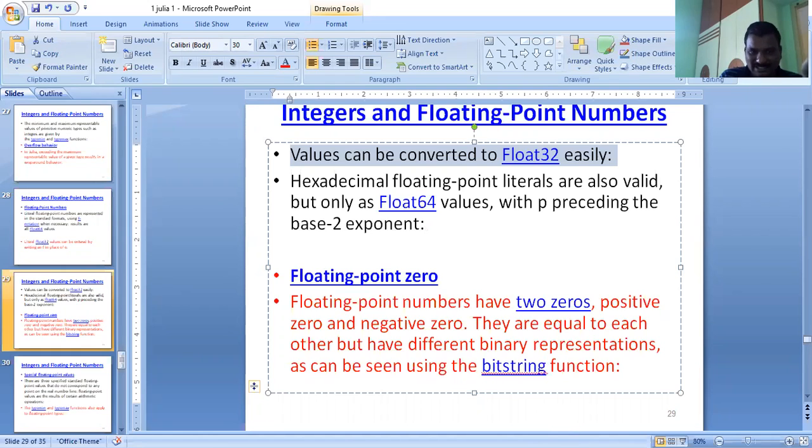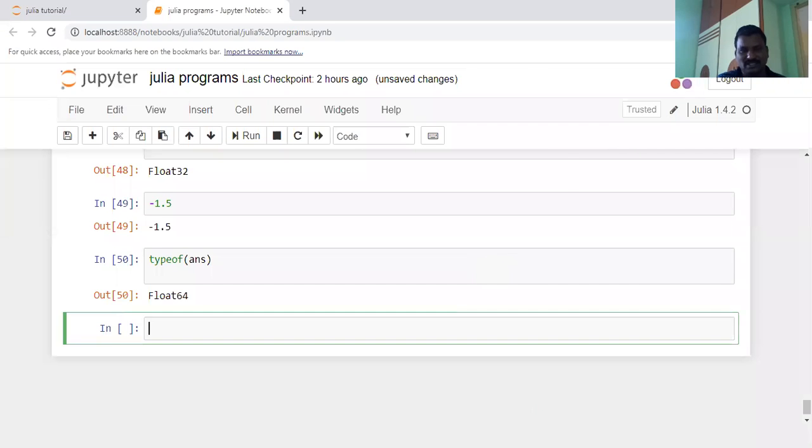That means for hexadecimal values, how can you represent them? You require a p, and then the float 64 values, p precision and base 2. Base 2 in the sense of zeros and ones. Those values are represented in a base 2 format.